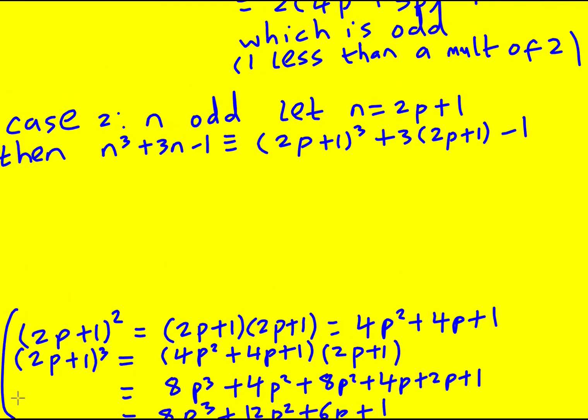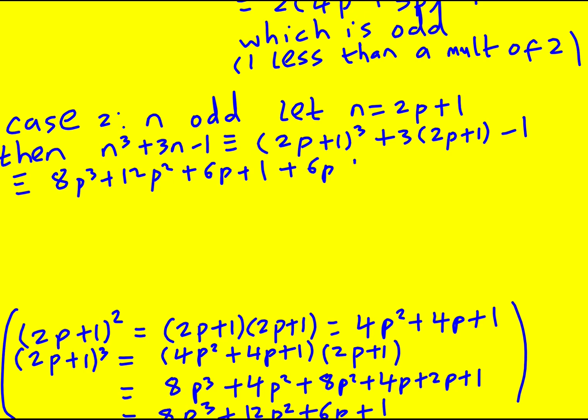Okay, and that's just sort of there in the background. And this is going to be identical to this. Plus 6p plus 3 minus 1.